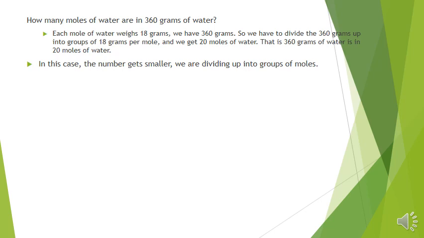Right, so let's do the reverse. Let's say I have 360 grams of water, and I want to know how many moles that is. Well, each mole of water weighs 18 grams, and you have 360 of them. So I could mark out 360 dots, each dot representing 1 gram of water. And what I'm going to do is do 18 grams, 18 grams, 18 grams, and 18 grams until I've grouped them all together.